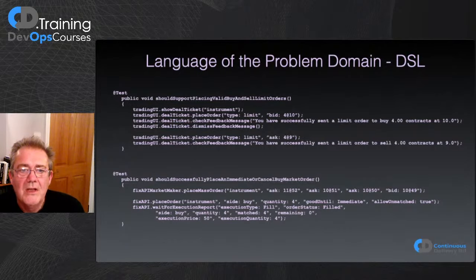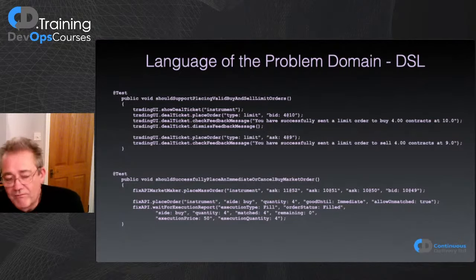But if you look carefully at how the code here is organized, apart from the slightly weird camel case separation of words, and a few dots and brackets and curly braces and semicolons here and there, all of the words, all of the ideas are ideas from the problem domain.